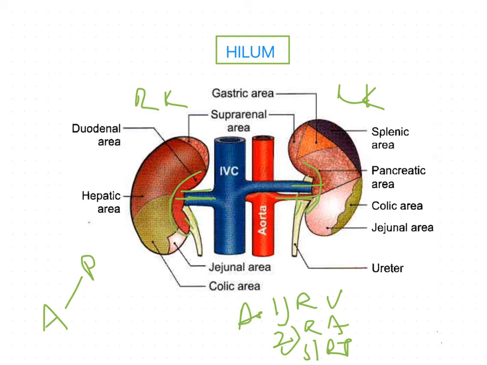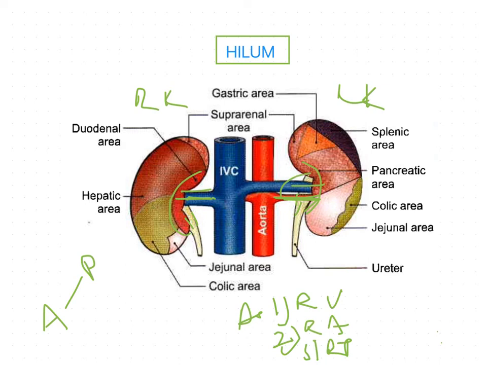Another important thing is that the renal artery has 5 branches. Out of the 5 branches, 4 pass anterior to the renal pelvis, and only 1 branch passes posterior to the renal pelvis.